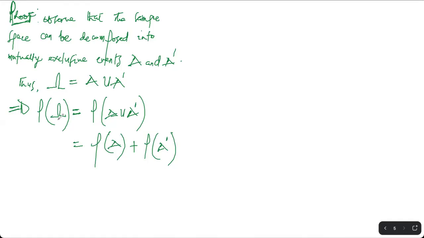And we know that the probability of the omega is 1. There's a certainty there. So this implies that 1 is equal to this. And this further implies that the probability of A prime is 1 minus the probability of A.